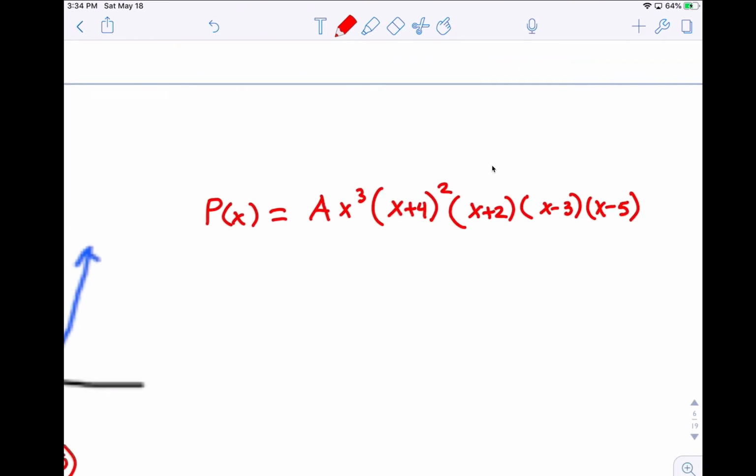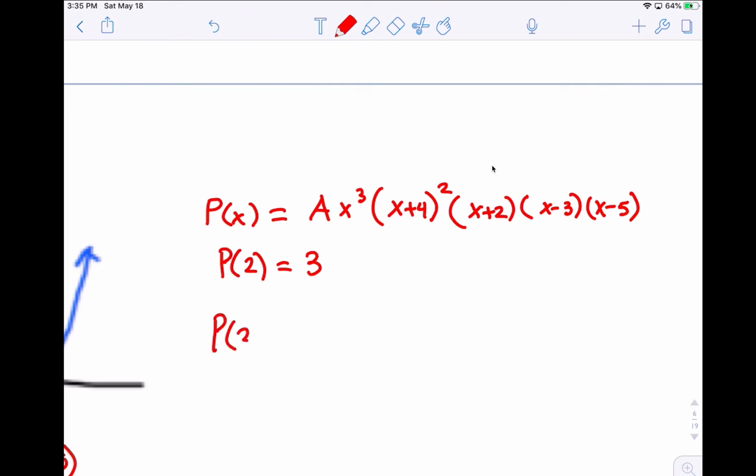Okay. Now it tells me that when I do p of 2, it needs to come out to be 3. All right, so that's going to be useful for me. So I'm going to replace all my x terms now with 2. I'm going to set it equal to 3.